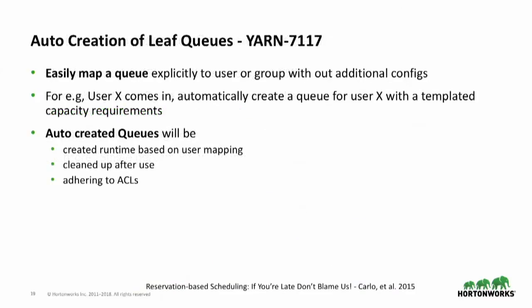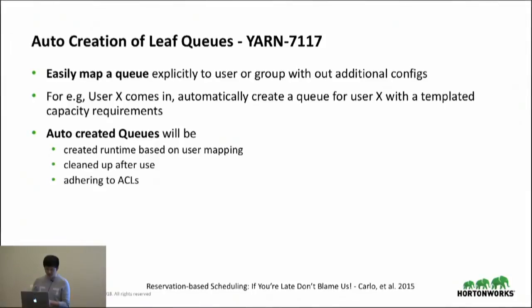Another good feature is the auto creation of leaf queues. This feature is focused on when we want to tie a user to one of the queues. We do the queue mapping. For example, if user X comes in, we can automatically create a queue for this user, and we can use this queue while we do the queue mapping, and we can clean up the queue right after we use it.